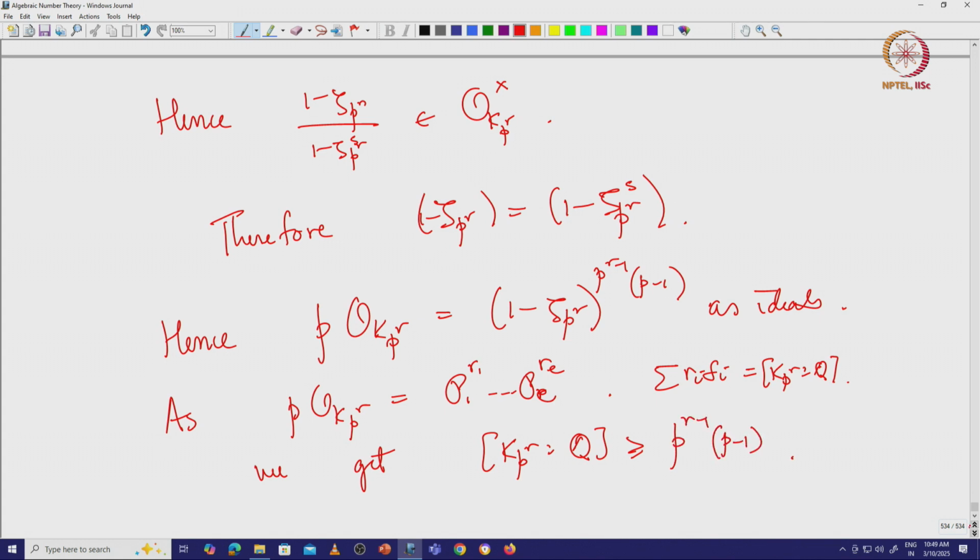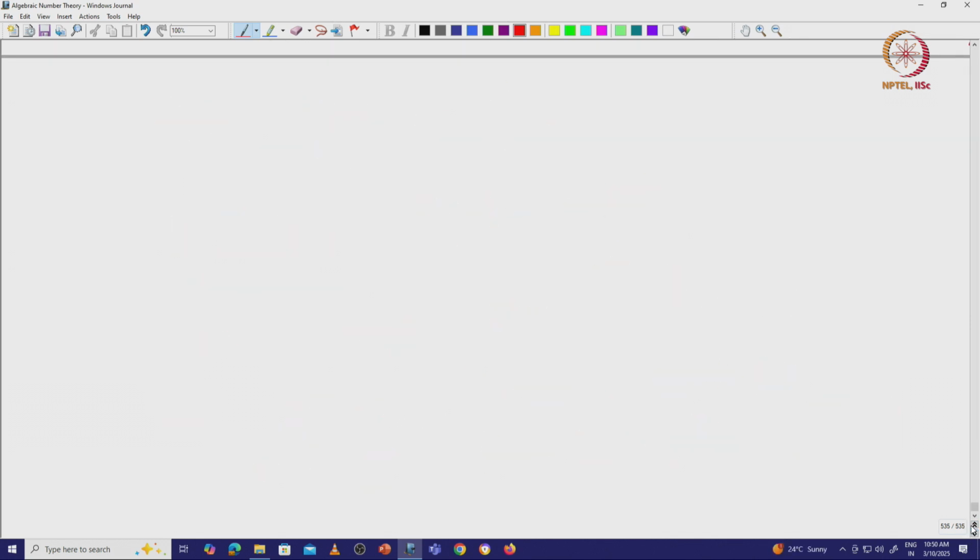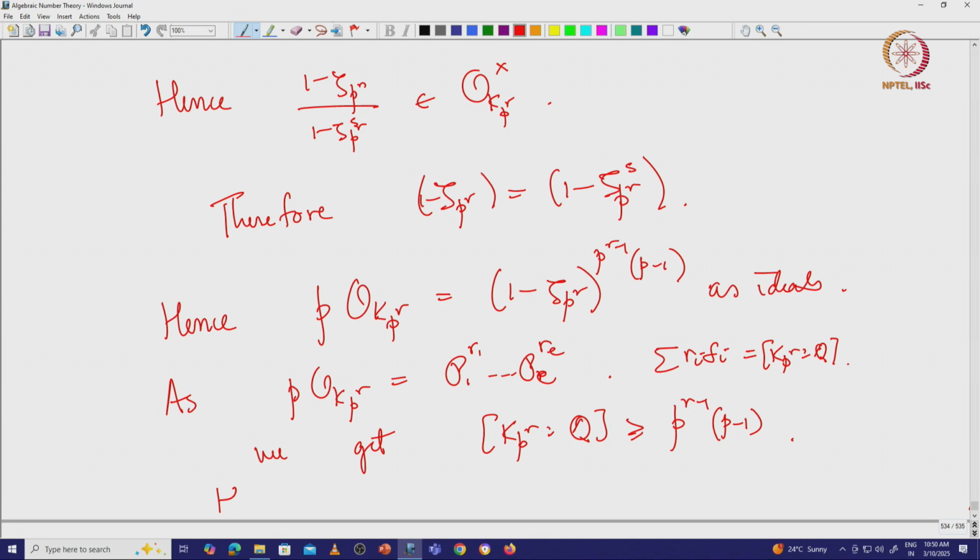A moment ago we proved that the degree was less than or equal to this. So, hence we get that the degree of K_{p^r} over Q is exactly equal to p^{r-1}(p-1).